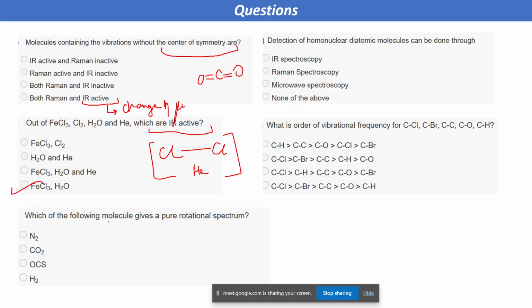Now, which of the following molecules gives a pure rotational spectrum? Just tell me what is the condition for a pure rotational spectrum. We already discussed these questions in the previous sessions. It should have a permanent dipole moment.